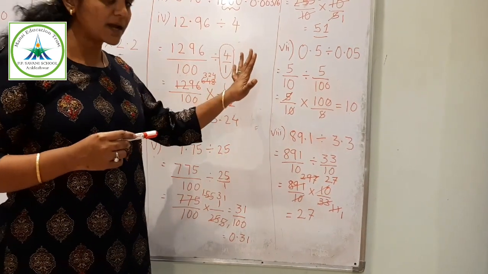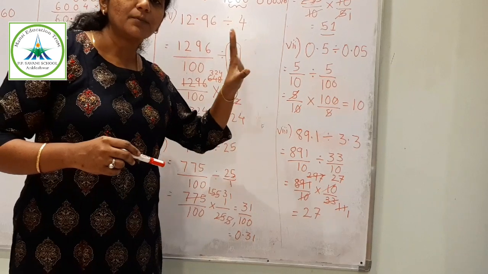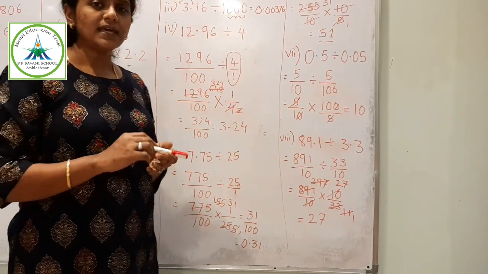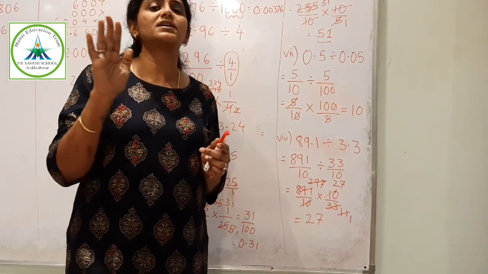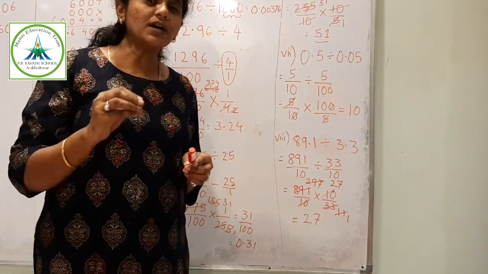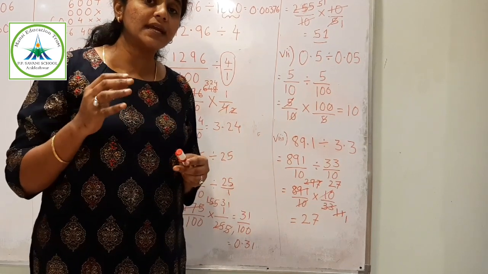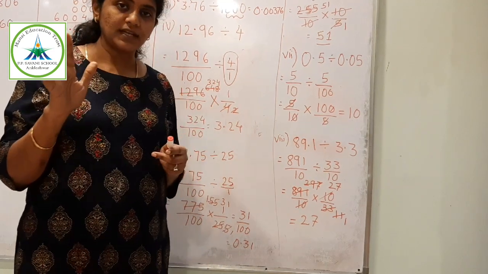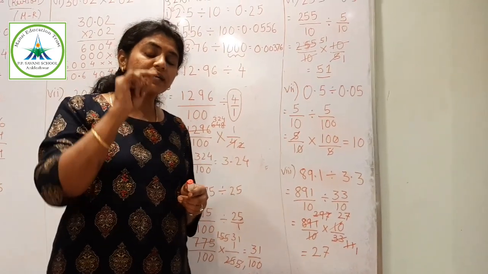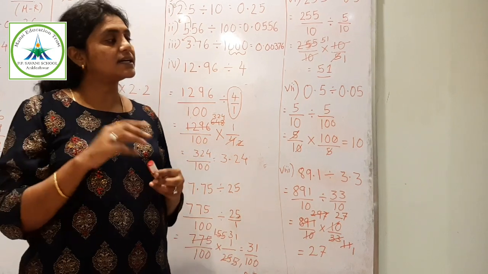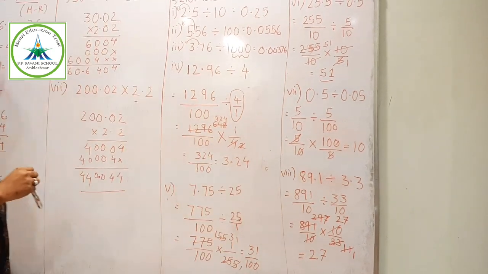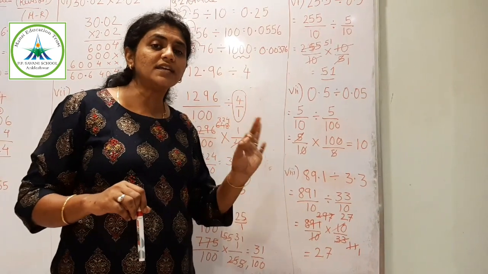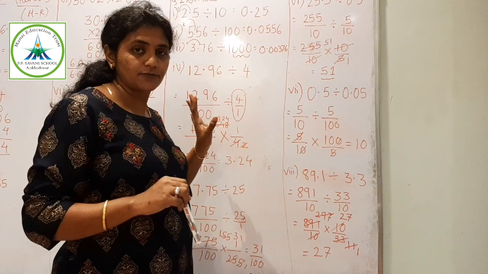So this is the concept. It was new, especially division of decimal numbers. The key point in multiplication and division is, whenever you are multiplying any decimal number with multiples of 10, the point is shifted towards the right depending upon the number of zeros, and when it is division, the point is shifted towards the left.